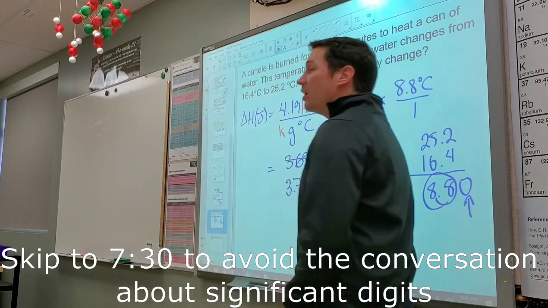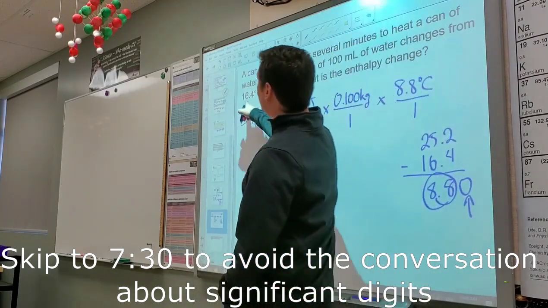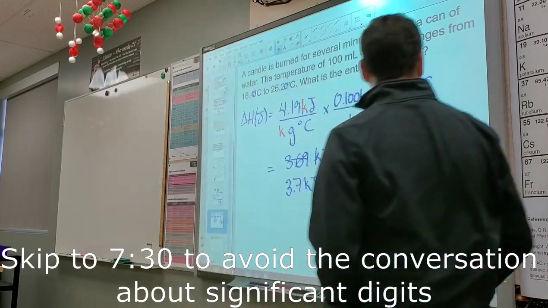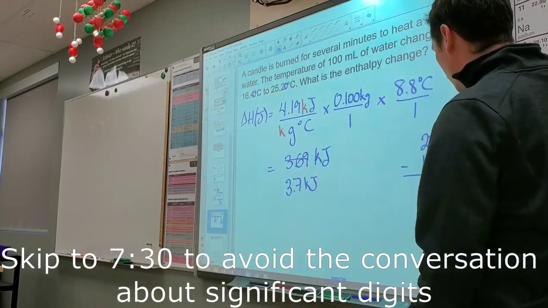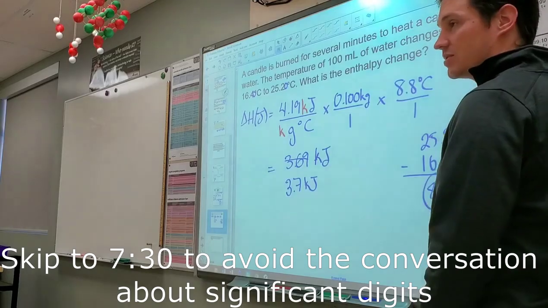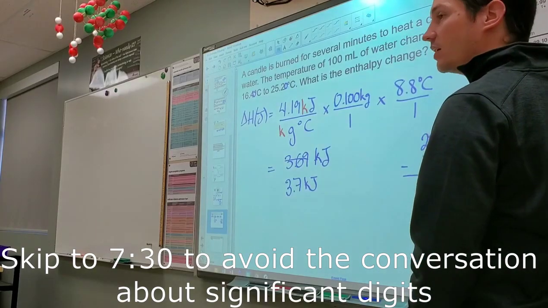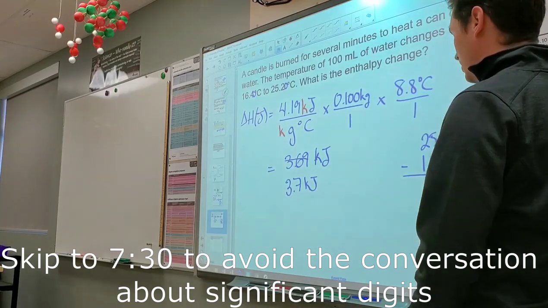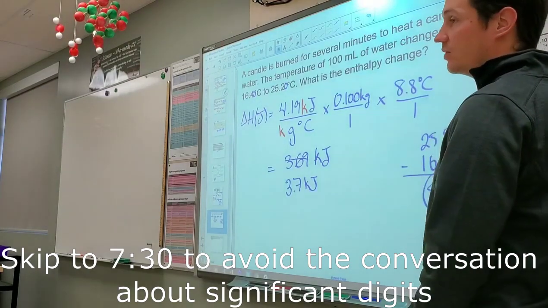Now, if this was 16.40 and 25.20, then it would be 3 significant digits, right? When you put this into your calculator, just because your calculator spits out 8.8 doesn't mean it's not 8.80, it just doesn't give you the 0.